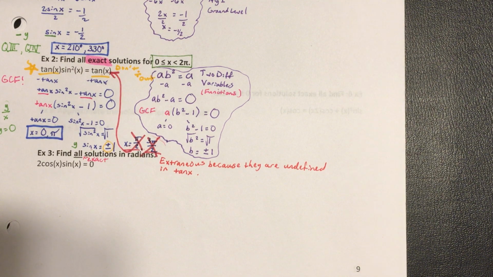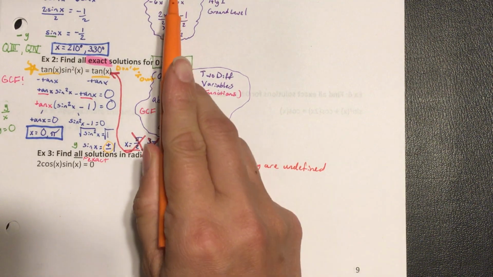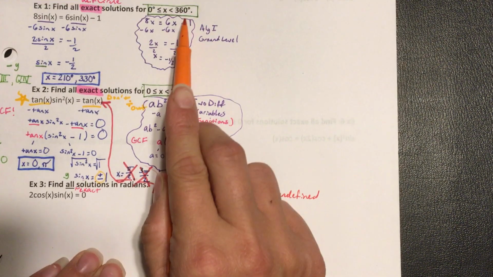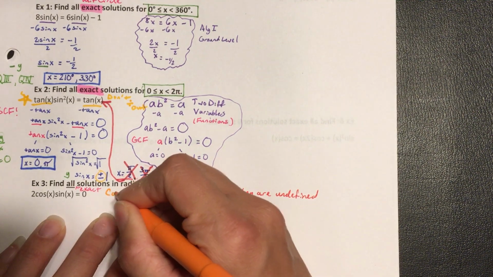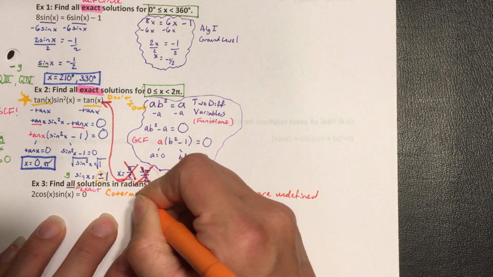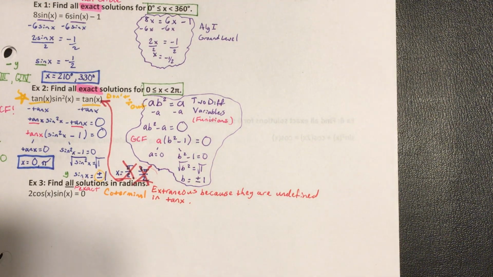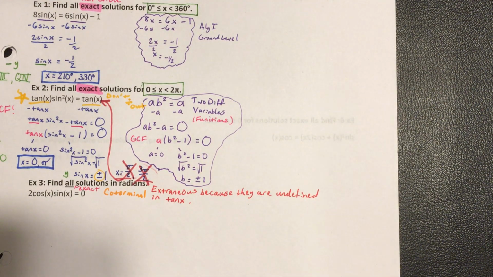But this one is a little different because, unlike example 1 and example 2, where we are given intervals to find the solutions, when it just says find all solutions in radians, that means we want the coterminal solutions as well. So once we find out what x is equal to, we are going to have to find all coterminal solutions with that value as well.